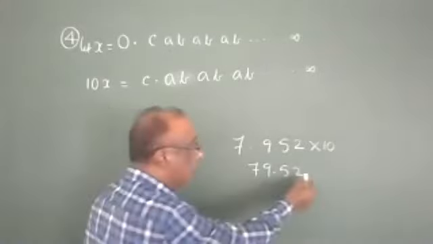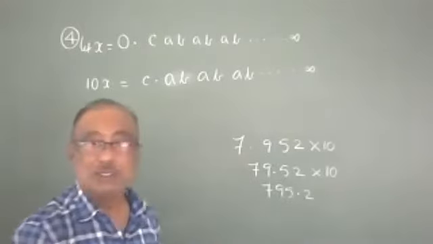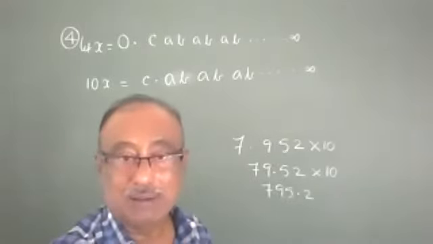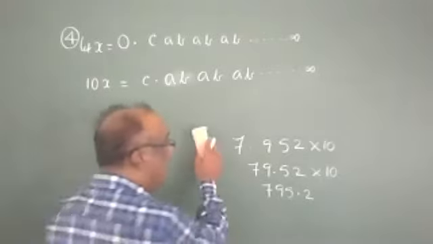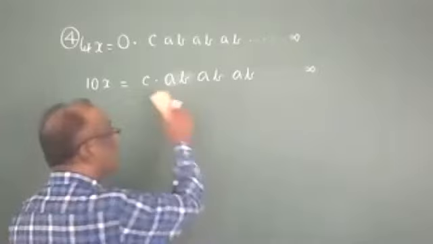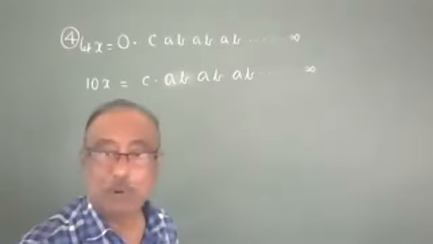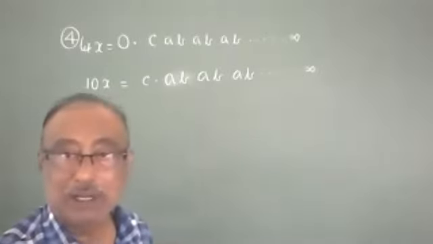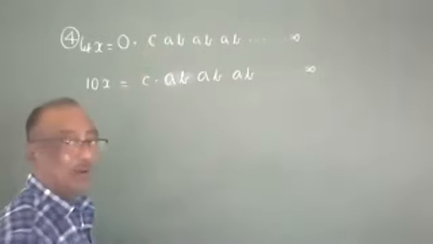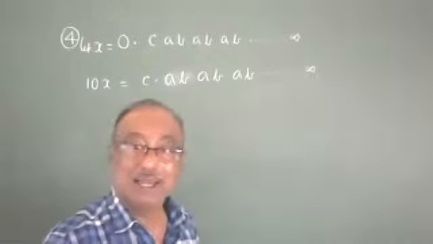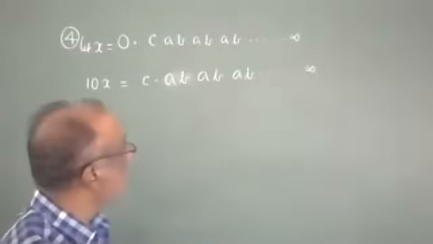Multiply with one more 10: 795.2. This is the decimal point system. Everyone understand? In the same way, I multiply with 10, and it extends the point by one place, so it comes before C. Is it clear?